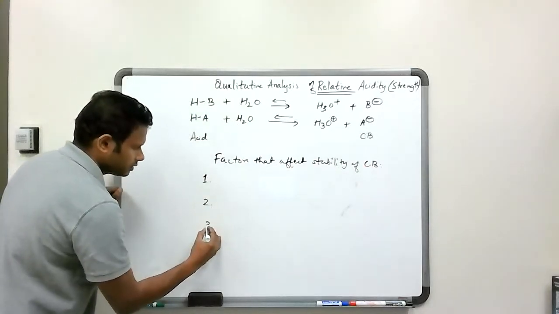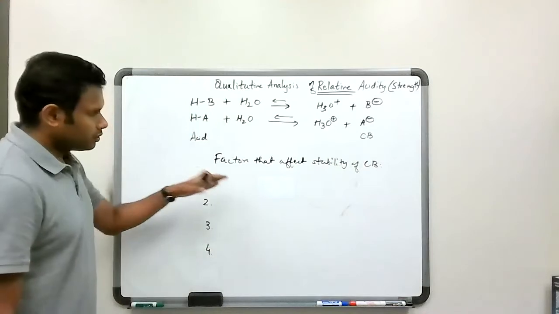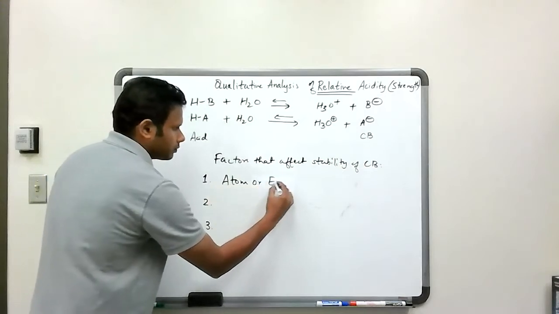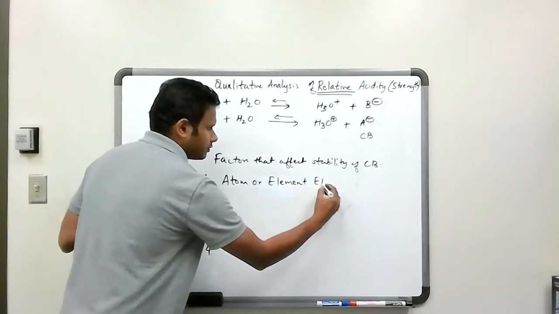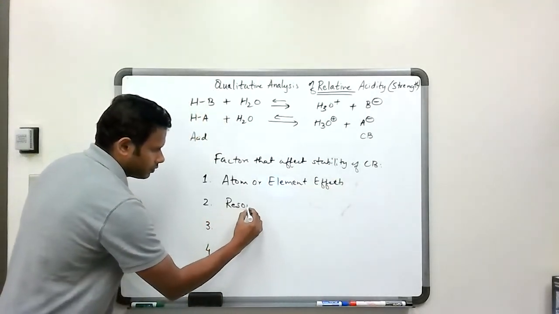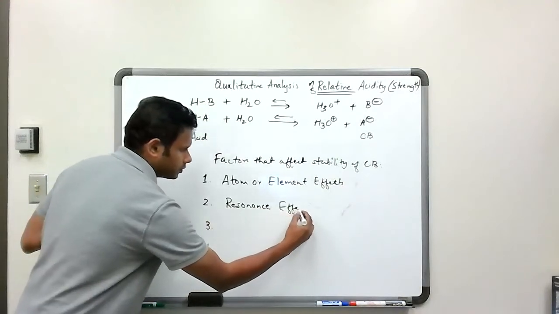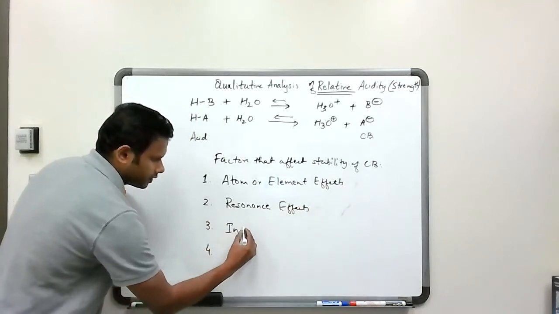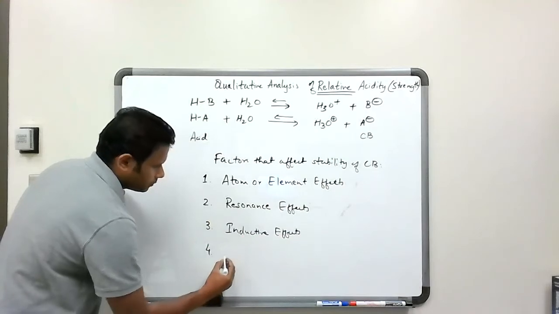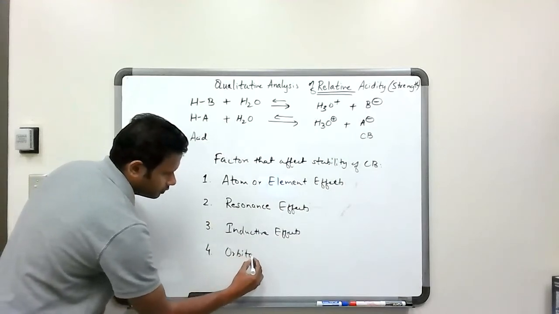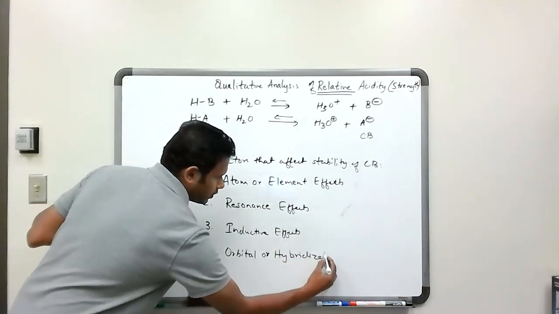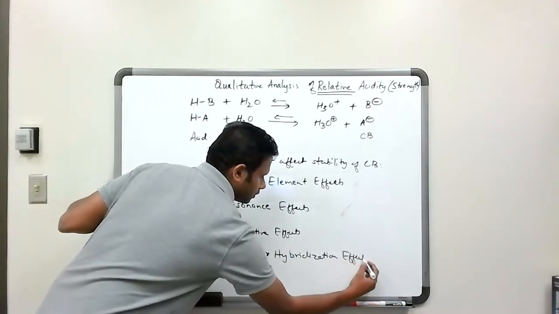We will look at these in subsequent videos, but the four factors that we are going to consider are the atom or element effects, resonance effects, inductive effects, and orbital or hybridization effects.